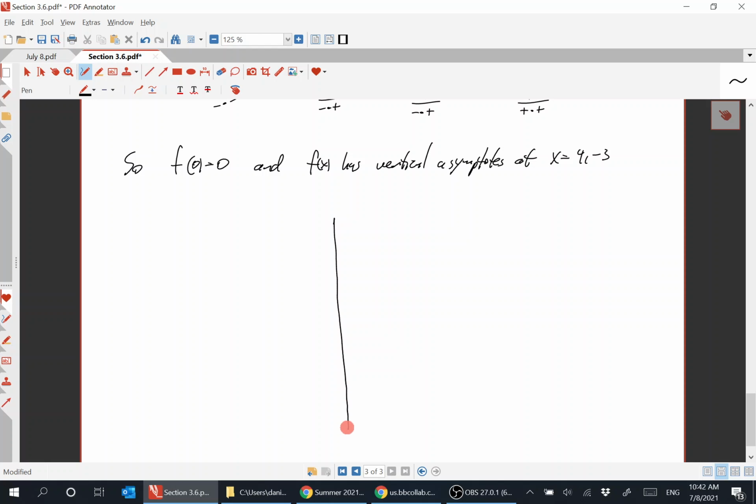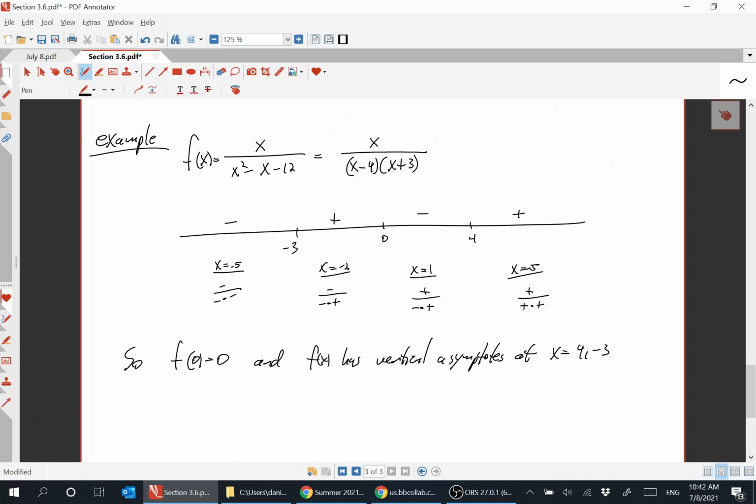And the degree of the top is less than the degree of the bottom. So we have a horizontal asymptote at the x-axis.